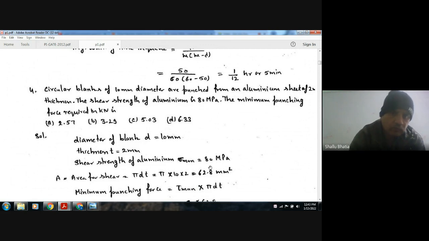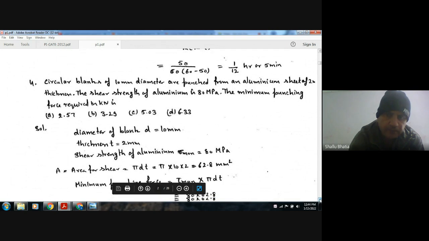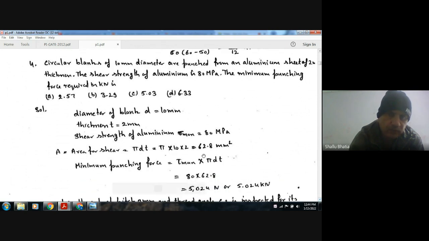Okay, so here the diameter of the blank is 10 mm and thickness of sheet is 2 mm, and shear stress is 80 MPa. For carrying out the shearing, the area which is responsible for shearing is pi d t. So area is pi into 10 into 2, that is 62.8, and tau is 80 MPa.